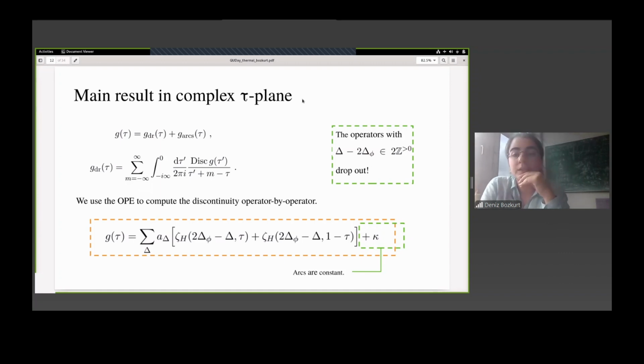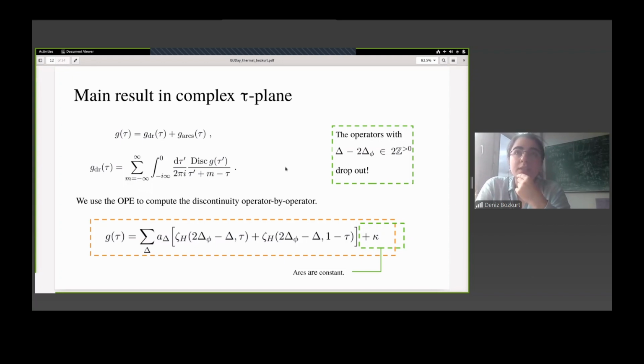And then we realize that for the operator that has this property that, if you subtract 2 delta phi from the scaling dimension, if this is even integers, then the discontinuity doesn't pick a contribution from these operators.